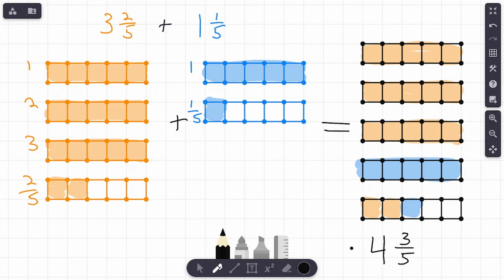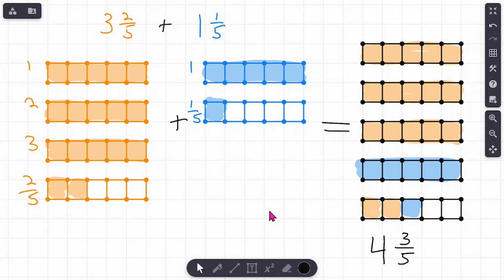So again, this method takes a long time, all right? But remember, being able to understand what you're actually doing and being able to see it is really important, because eventually, once you can see what we're doing here, you're not going to have to do this, okay? I'm going to show you what I mean by that later on, but right now it's really important to be able to see what we're talking about.